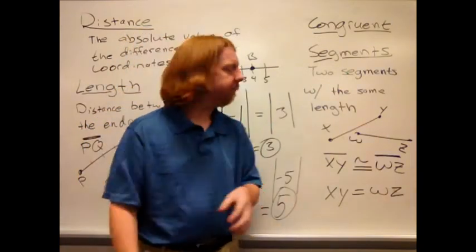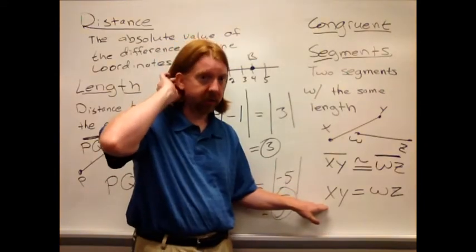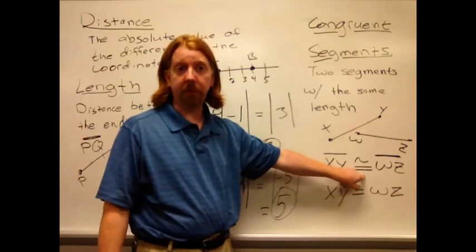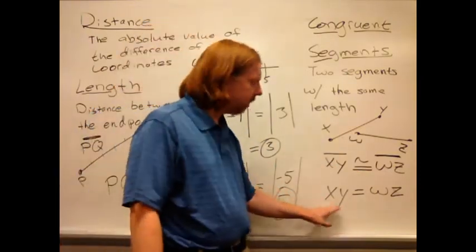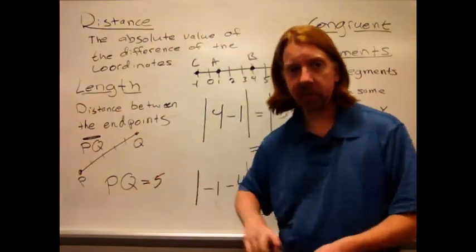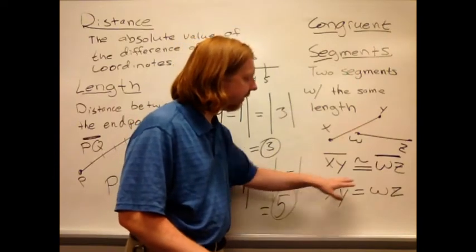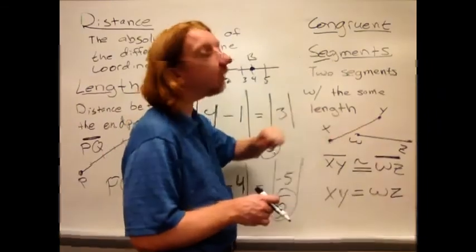Let's be clear. Things are congruent, numbers are equal. So congruent, things, equal sign with a squiggle, equal measures, number, no bar, kind of like we did over here where we said the length of PQ is 5. That's what I'm doing over here. And I can then set these guys equal to each other because congruent segments have the same length.